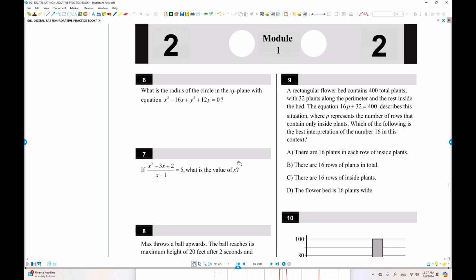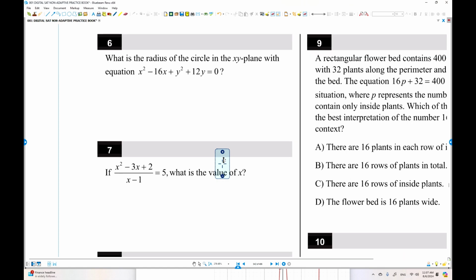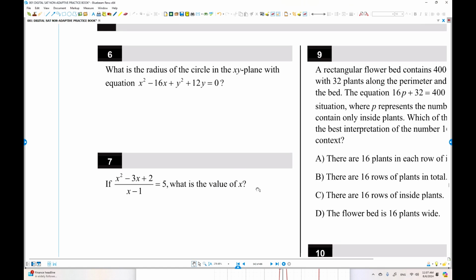Number 6, the radius of the circle. So it's very simple, right? Just find the standard form of the circle, okay? So x minus 16, that is what? x minus half of this one, negative h, squared, you add plus 64 on both sides, okay? So this is the perfect square trinomial replaced with perfect squares.